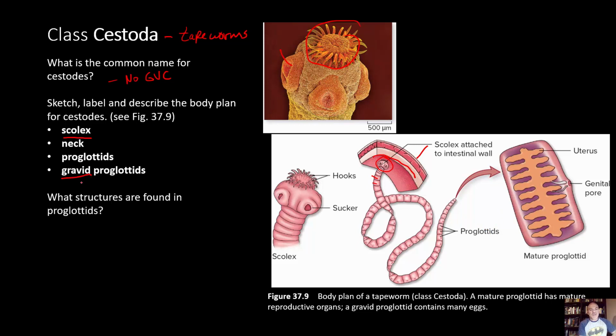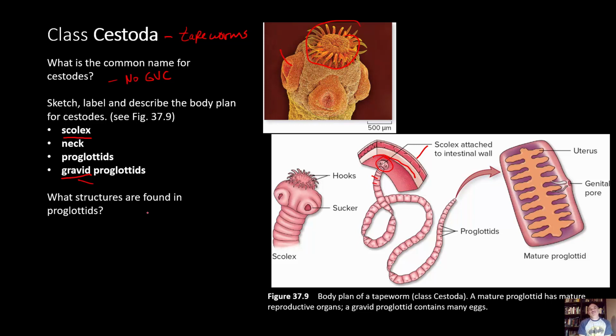And gravid is another name for being pregnant, right? Or having fertilized eggs or embryos within there. So gravid you may see associated uses with animals that are carrying fertilized eggs or embryos in there. You'd say that animal's gravid, right?